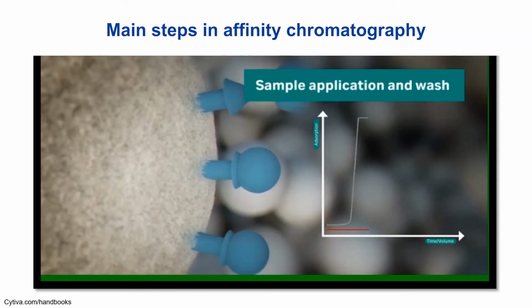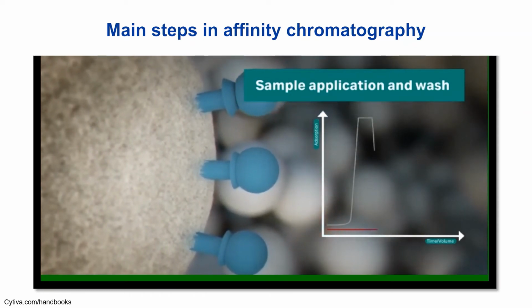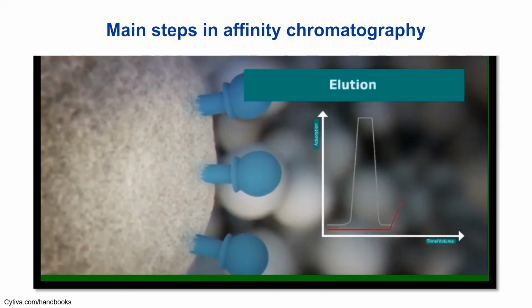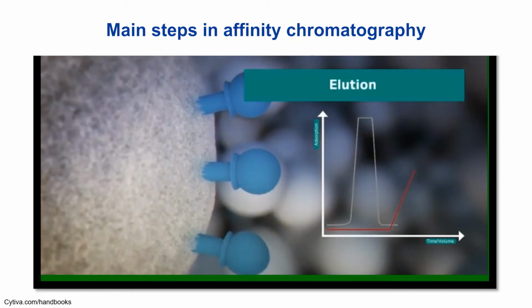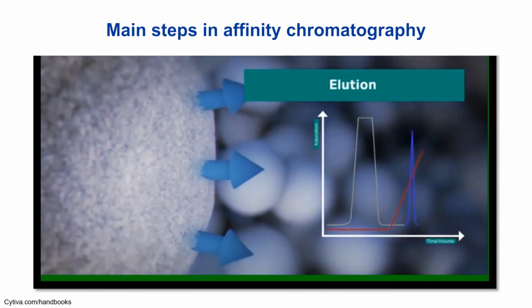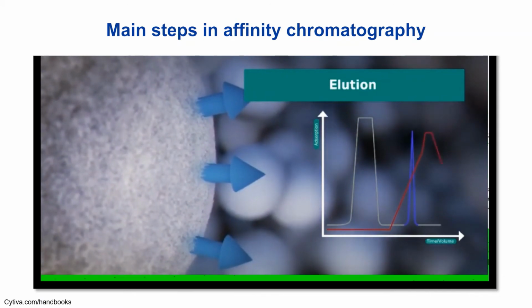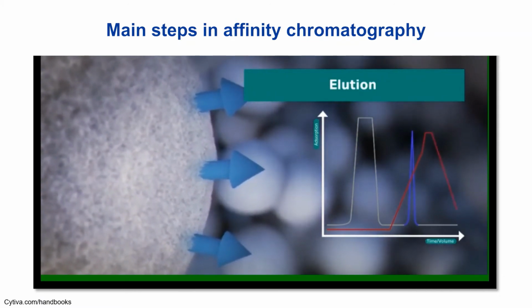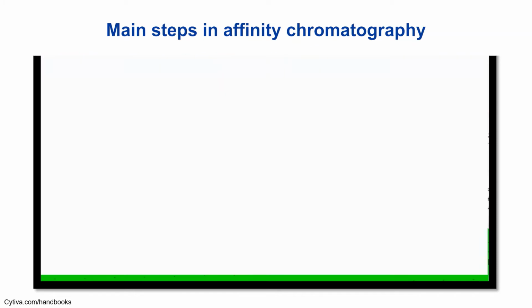Non-targeted compounds are washed away in the wash step. And finally, in the elution step, a buffer with different ionic strength or pH will disrupt the interaction and release the molecule of interest from its ligand as a purified product.